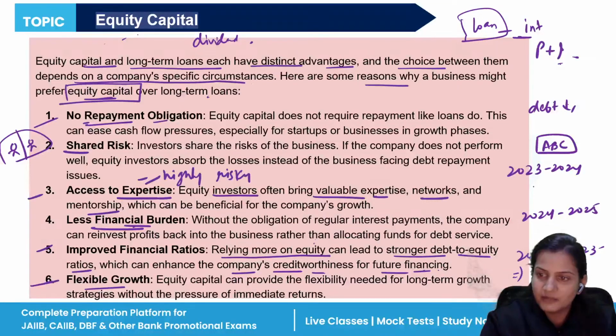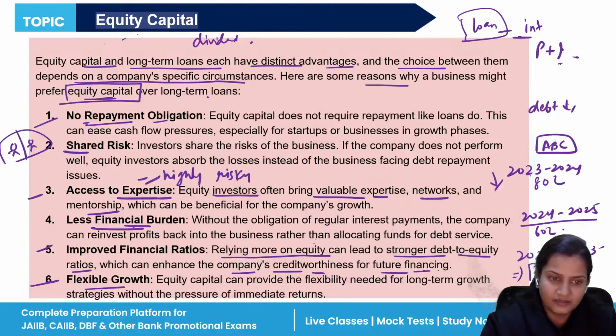In the next year, 2023-24, it made a profit of 80 lakh rupees. Now, in the coming year, 2024-25, it is making what? Let's take an example, a profit of 60 lakh rupees. So as you can see, the profits are decreasing. The profits are being made in a decreasing order.